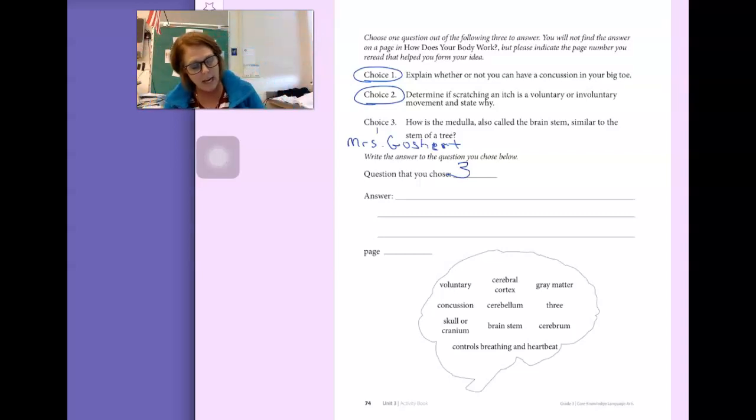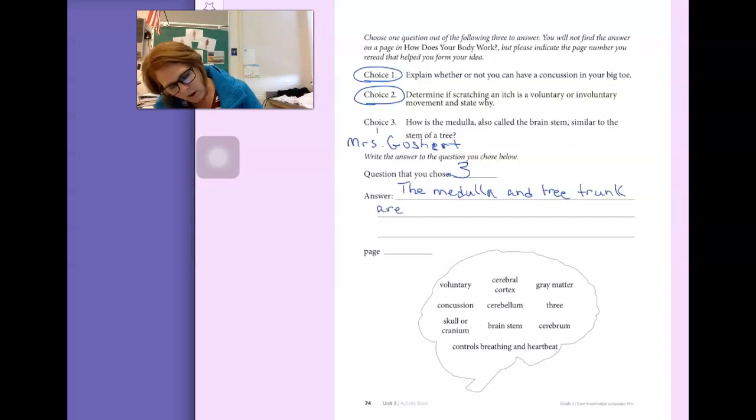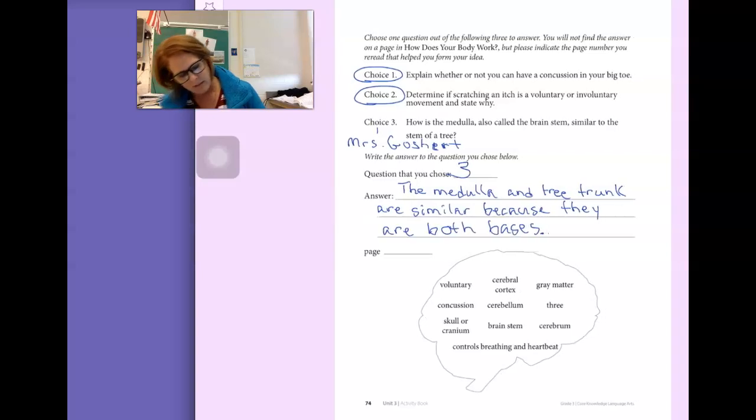So what I'm going to say for my answer is, the medulla and tree stem, tree trunk, are similar because they are both bases, sort of foundations.